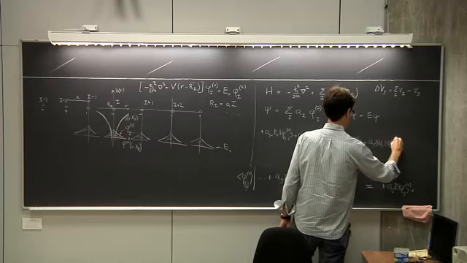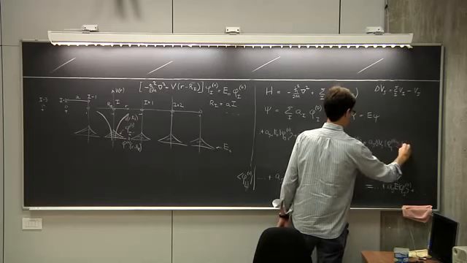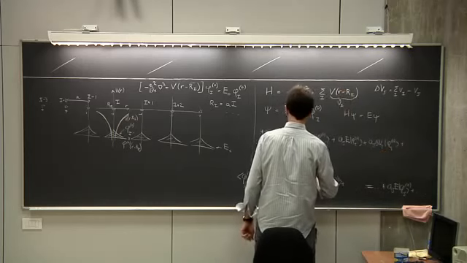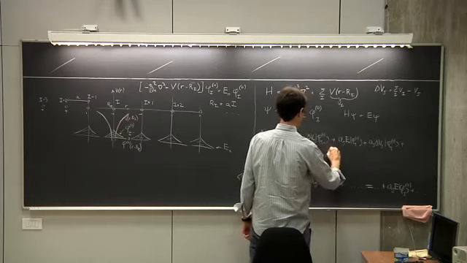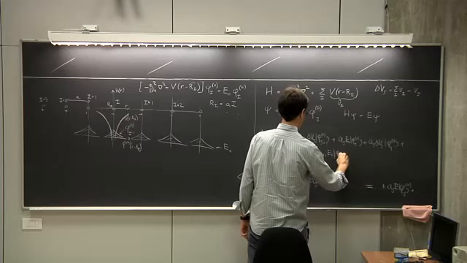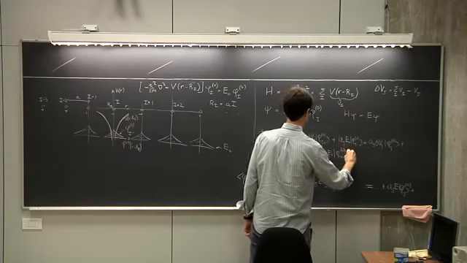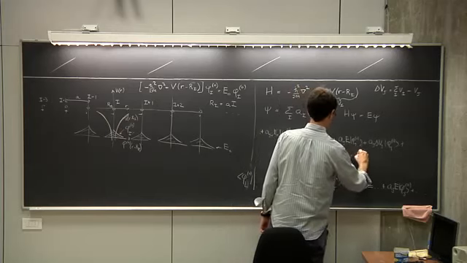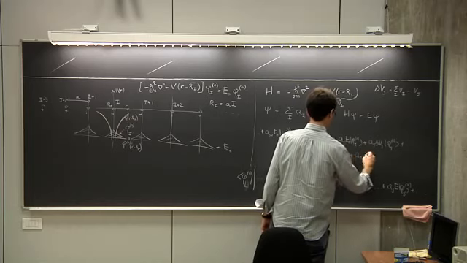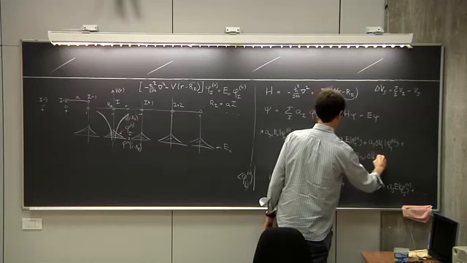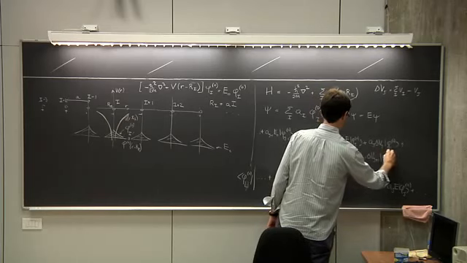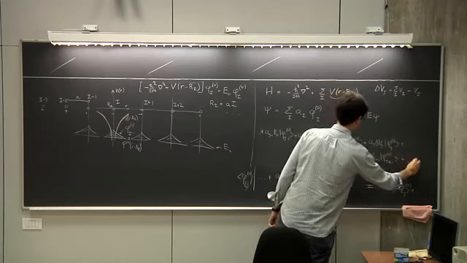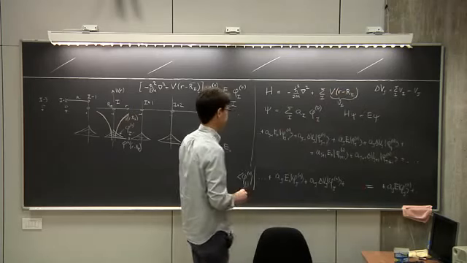Phi j naught plus there will be a term a j plus 1 E naught phi j plus 1 plus E j plus 1 delta v j plus 1 phi j plus 1 plus all the other terms.